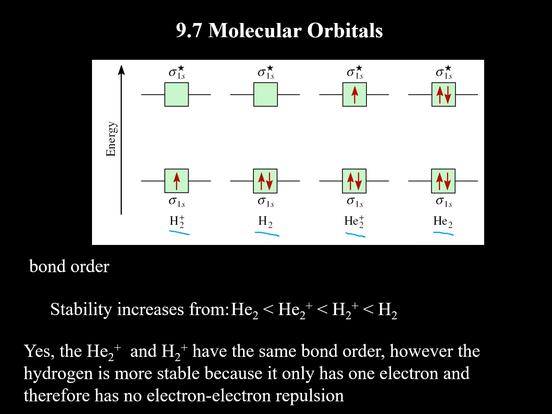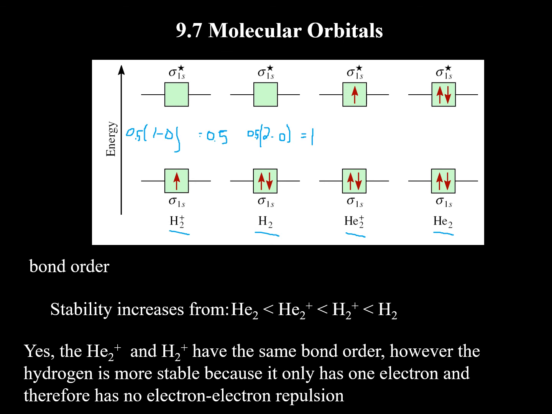The bond order for the first one, H2 plus, where there's only 1 electron here, would be 1 minus 0 times 0.5, or divided by 2. So the bond order here would be 0.5. The bond order for H2 would be 1 because it's 2 minus 0 divided by 2, or times 0.5, which equals 1.